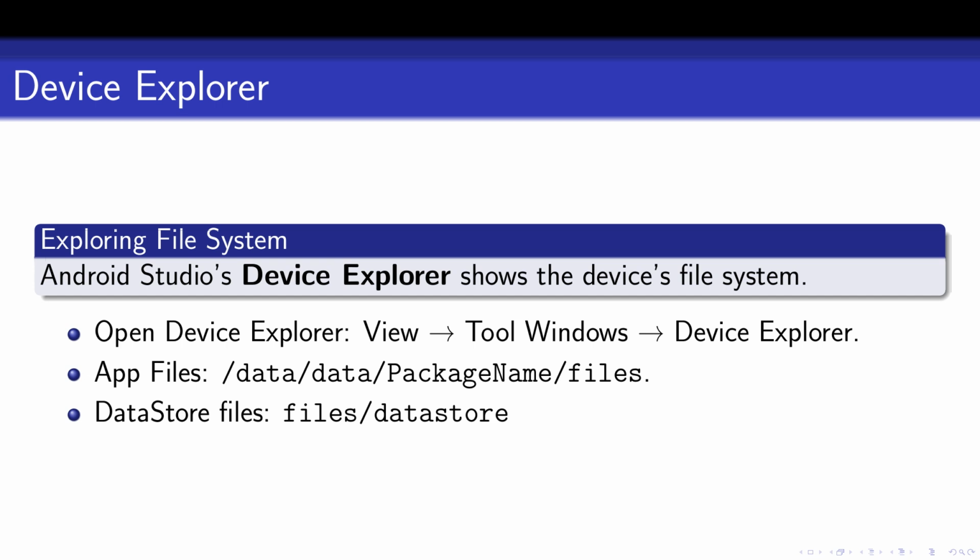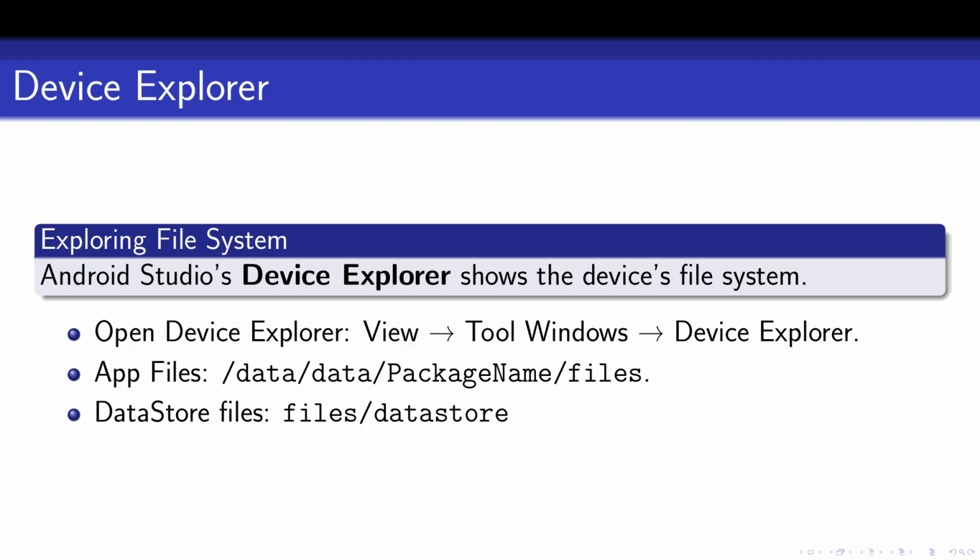Android Studio's Device Explorer is a powerful tool for inspecting the device's file system. You can view saved preferences using Device Explorer in Android Studio. It displays app files in /data/data/package-name/files and DataStore files in files/datastore, giving developers insight into where data is stored.